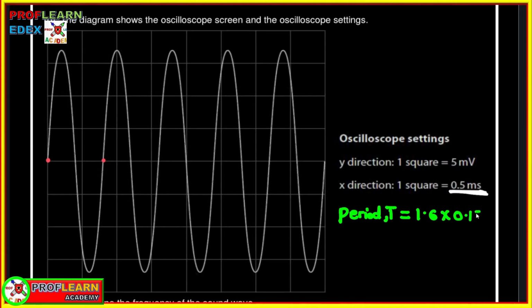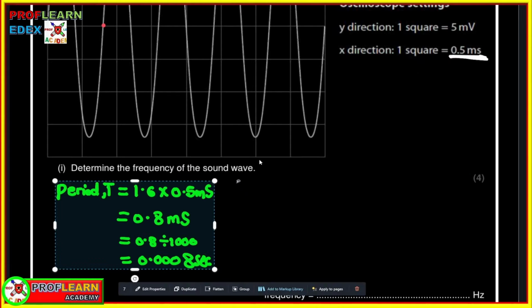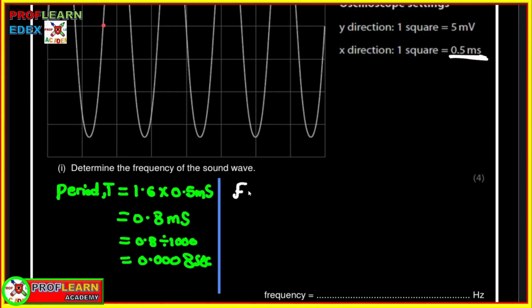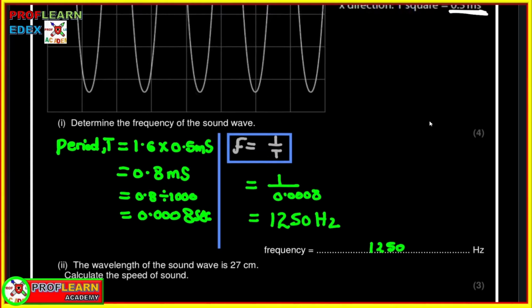So times 0.5, and then this is going to be equivalent to how many milliseconds? It's going to be 0.8 milliseconds, but I need to convert that to seconds by dividing by 1,000, so that we have our time in seconds. Now remember that frequency is equal to 1 over the period, or 1 over period time. So if we work it out, we're going to get 1250 hertz as the frequency.